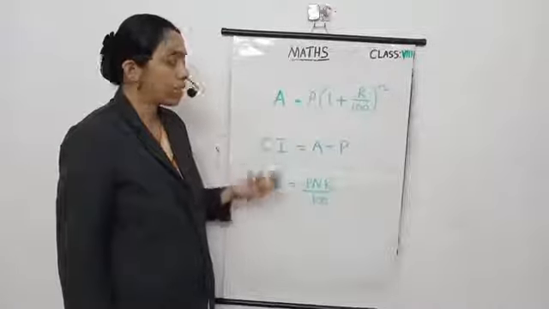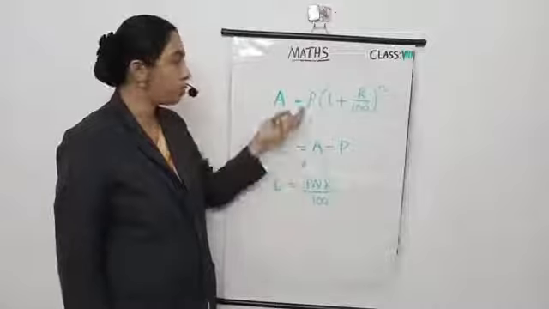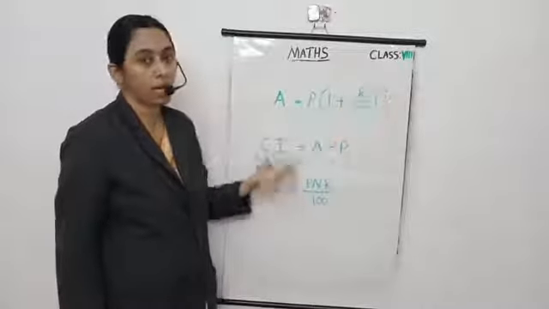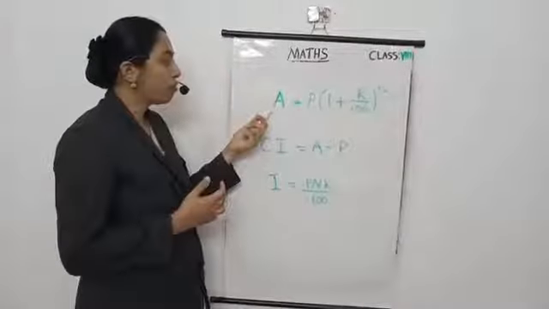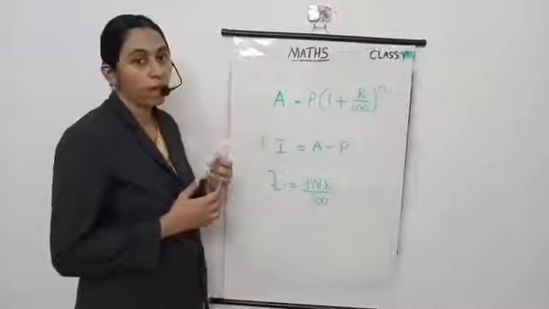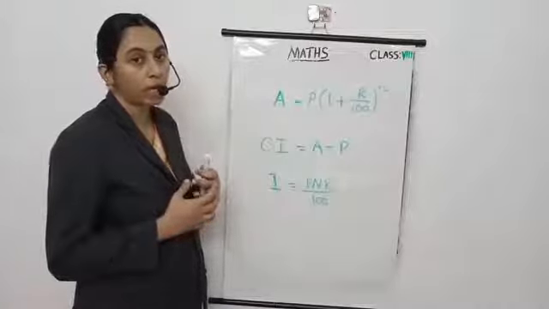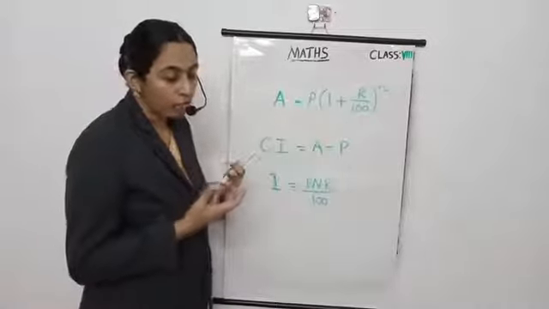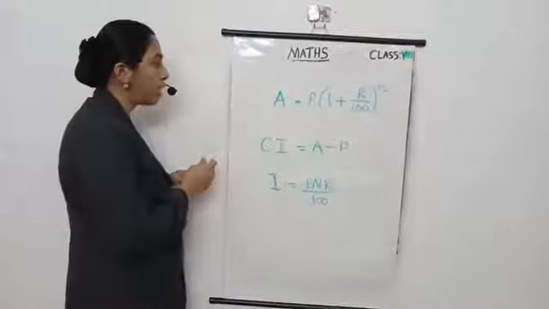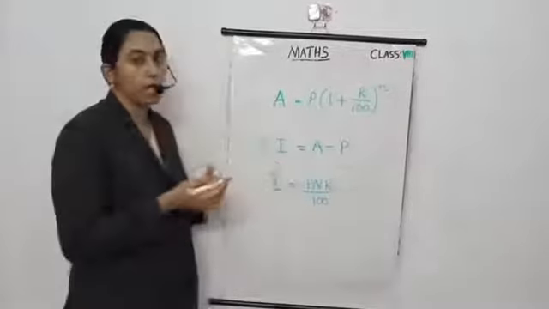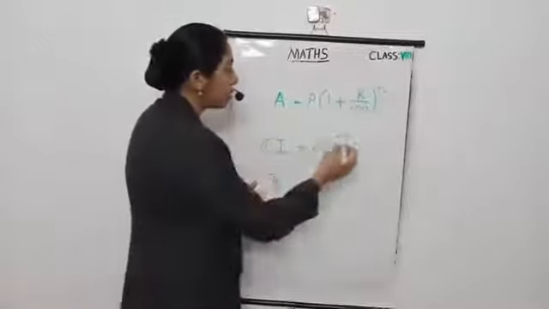For how many years we deposit that principal amount, that number is here: 1 year, 2 years or 3 years. Then there is another formula for finding the amount when compound interest is calculated half yearly, meaning 6 months. 1 year is 12 months, half yearly means 6 months.